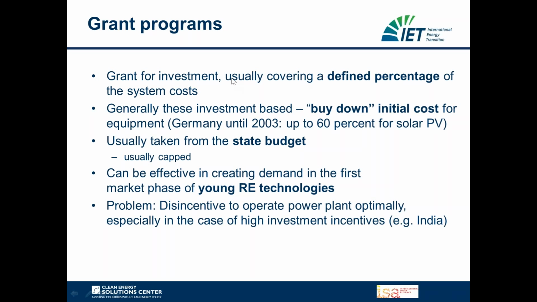This is normally defined as a percentage of the total system cost, the total installed cost of a project. For instance, in Germany back in 2003, you got a grant from the government, which was up to 60% of your total solar PV cost, which was then normally financed via the state budget.